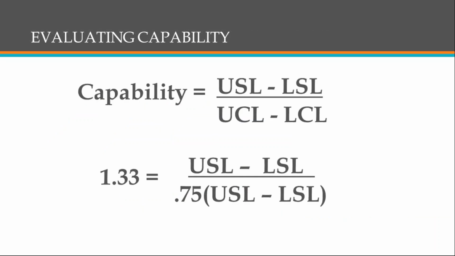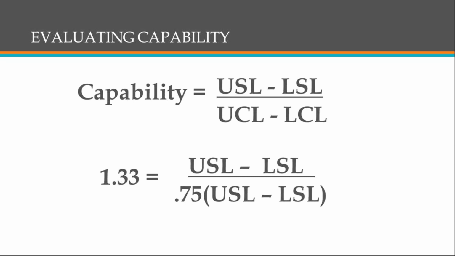Now, to calculate capability for that distribution, follow me on this: you're calculating the width of the specification over the width of the process variation. But in this case, the specification is the upper spec limit minus the lower spec limit, but the process variation is the upper control limit minus the lower control limit.